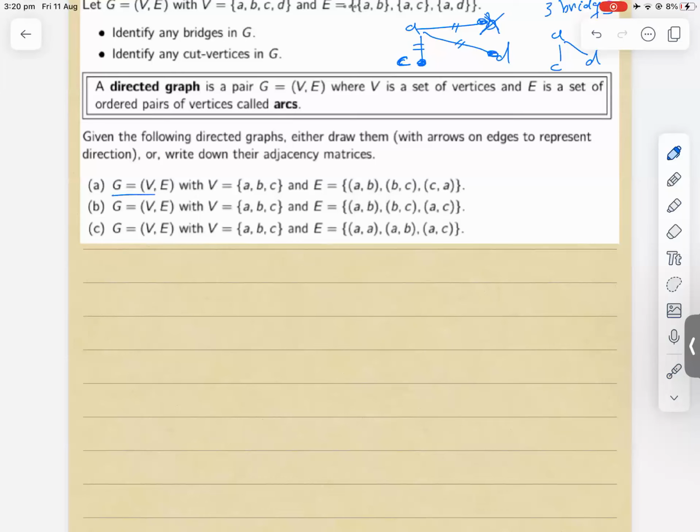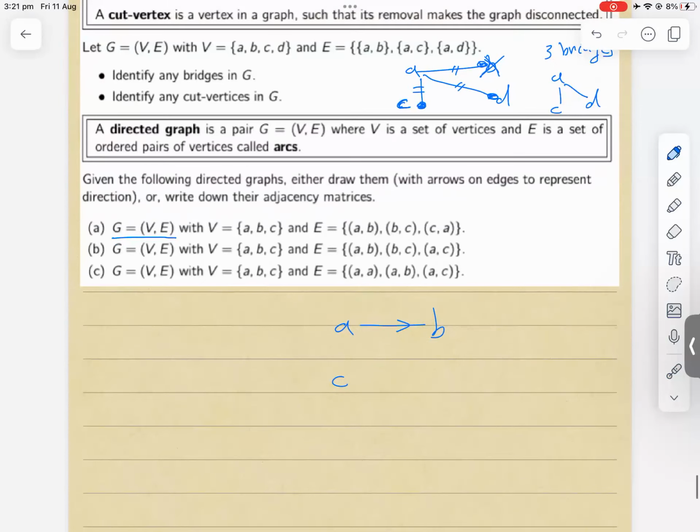Now, we see that A goes to B. Also look at this one. Instead of braces, we show it by round brackets or parentheses, so it will be ordered. The order is important.